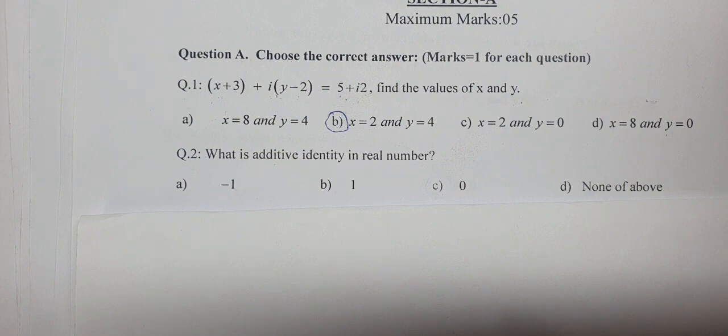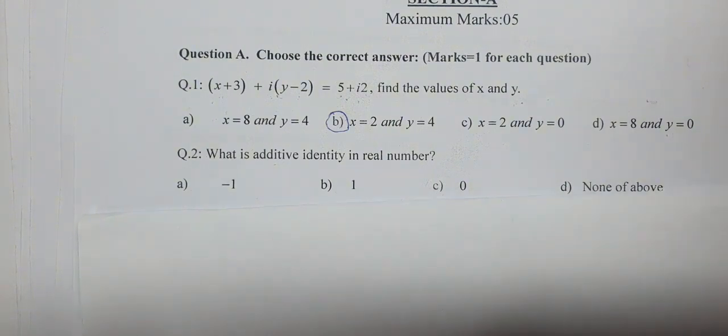It doesn't affect the number when we add it to any number. In the context of real numbers, the additive identity is represented by the number 0. So how can we understand it?